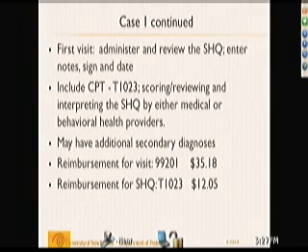But in a school-based health center, this is their first visit, so they really also need to complete the student health questionnaire. The provider needs to review that with the patient, sign it, make their notes, and date it. You have a second CPT of T1023, and that T code can be scored, reviewed, and interpreted by either the medical or the behavioral health provider at the school-based health center.